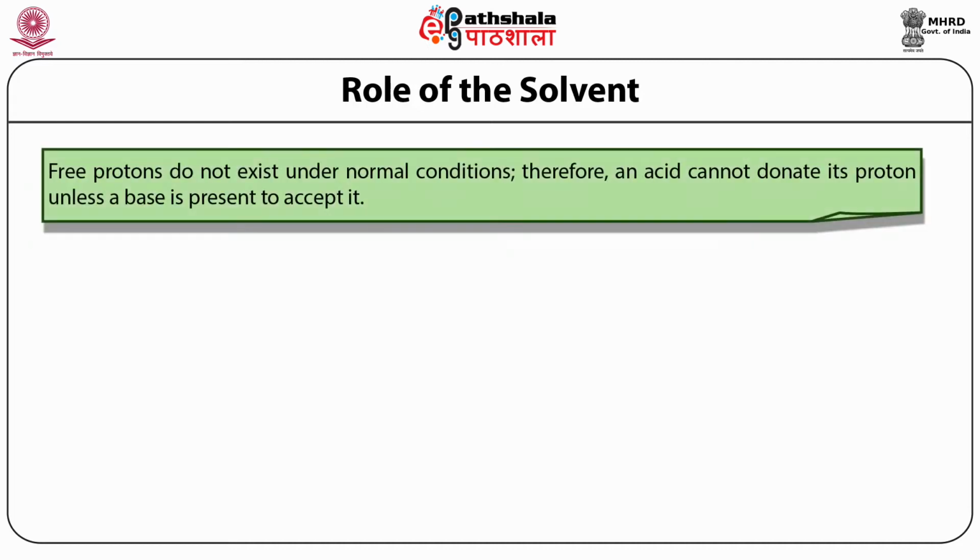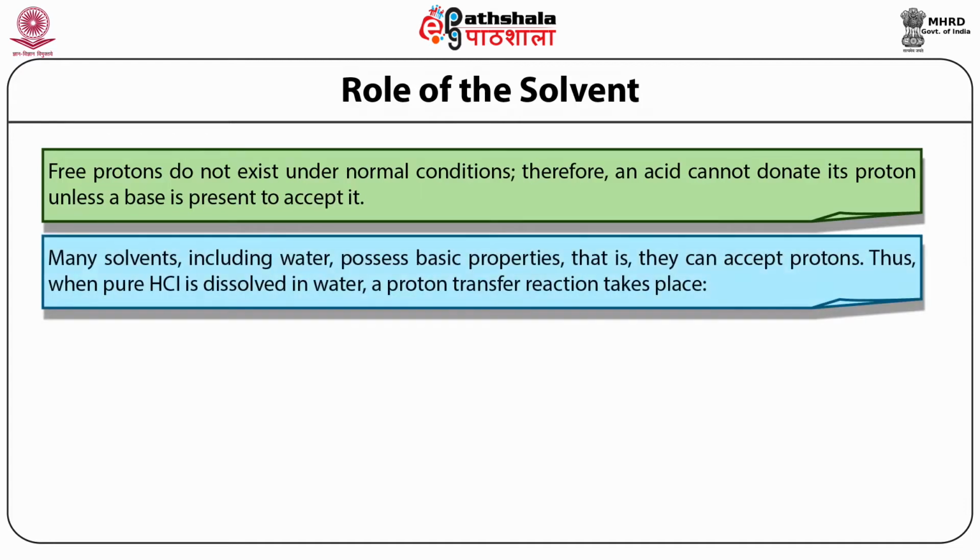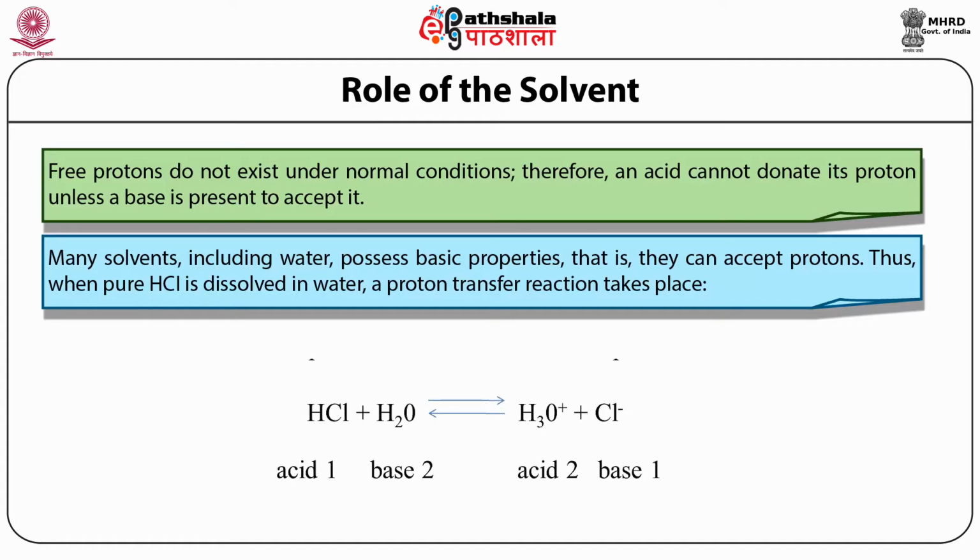Free protons do not exist under normal conditions. Therefore, an acid cannot donate its proton unless a base is present to accept it. Many solvents, including water, possess basic properties, that is, they can accept protons. Thus, when pure HCl is dissolved in water, a proton transfer reaction takes place.